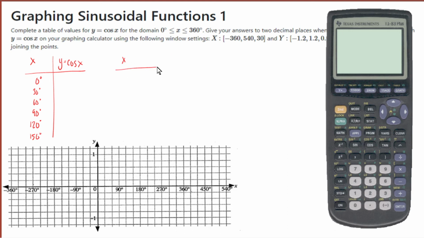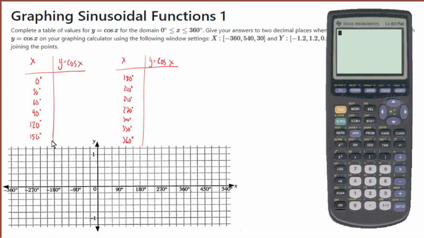So we're going to have to continue our table over here. Let's do 180 degrees, 210, 240, 270, 300, 330 degrees, and 360 degrees.